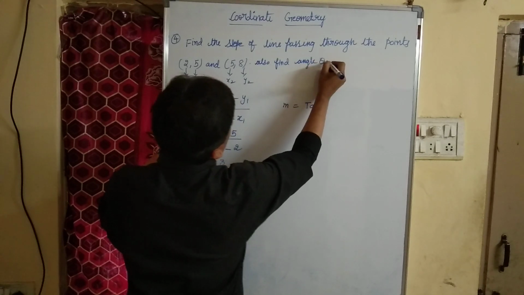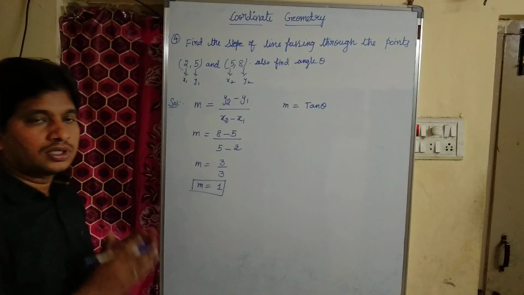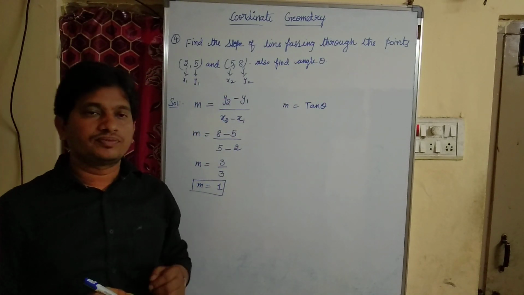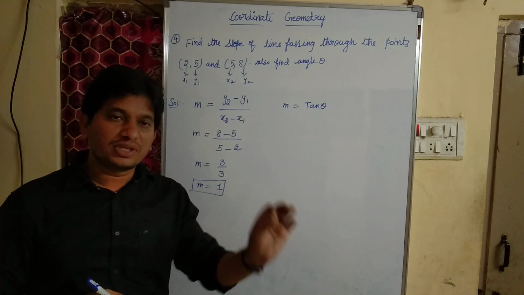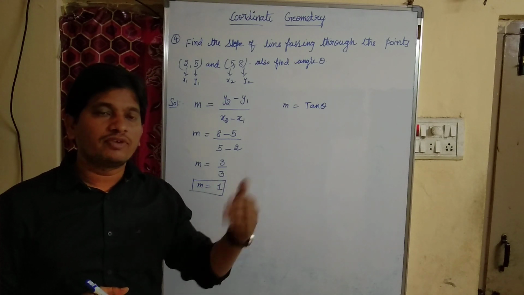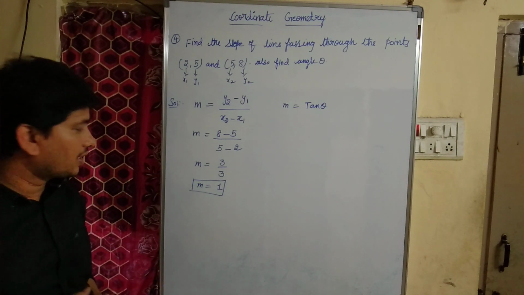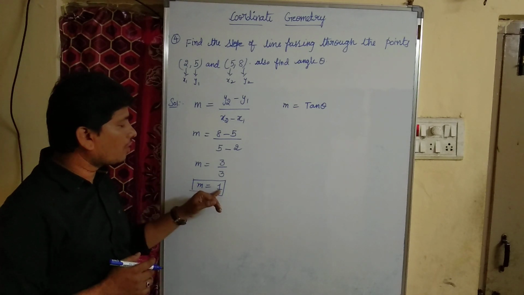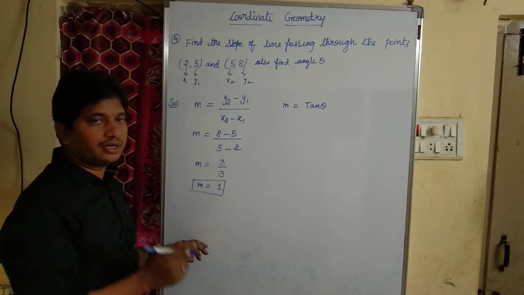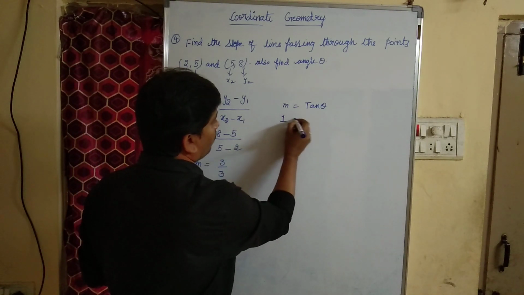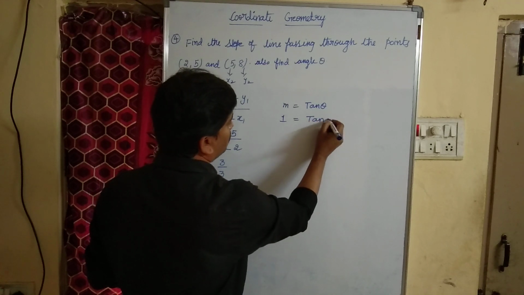From the beginning I am saying, slope can be represented with the letter m, or else we can also say that m equal to tan theta. Yes children, as we got slope m, how much did we get here? 1, right? So we got the value of m is 1, that is equal to tan theta.